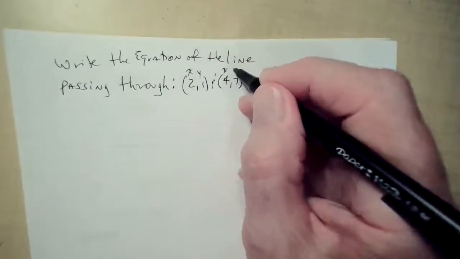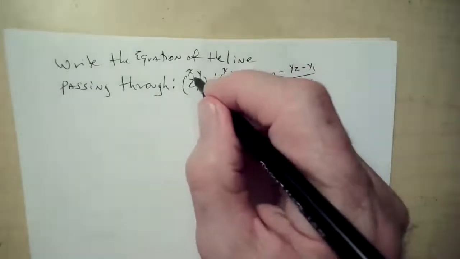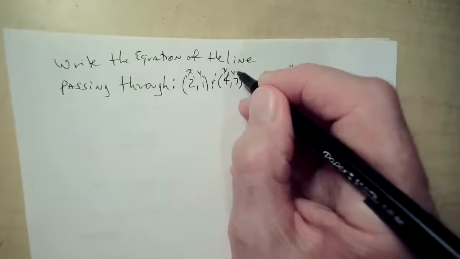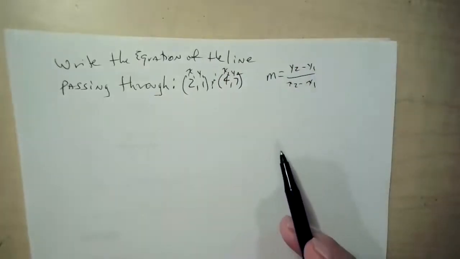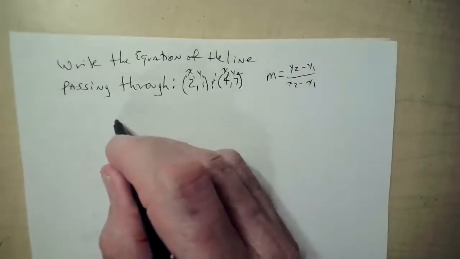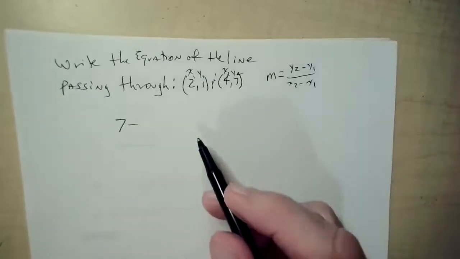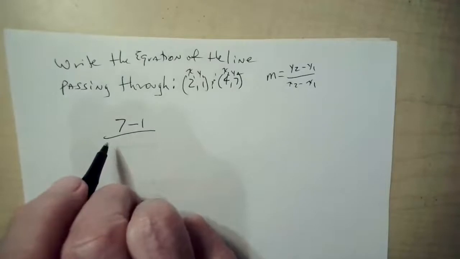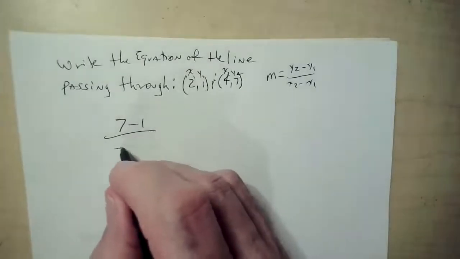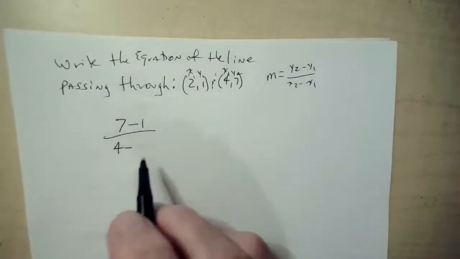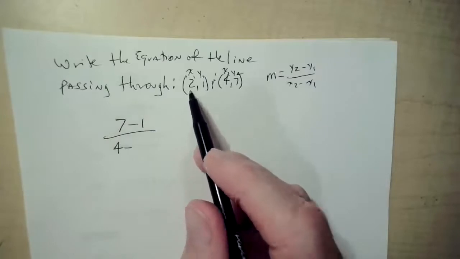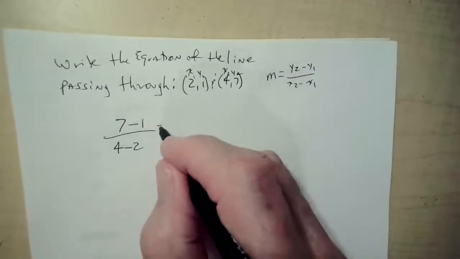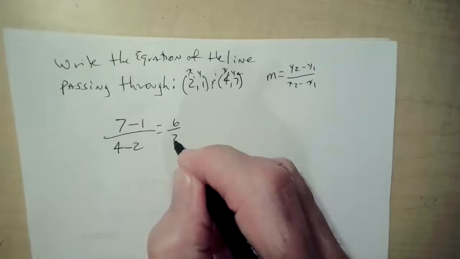Okay, and again, x and y, x and y. y2 is 7, so we have 7 minus y1, which is 1, over x2, which is 4, minus x1, which is 2.